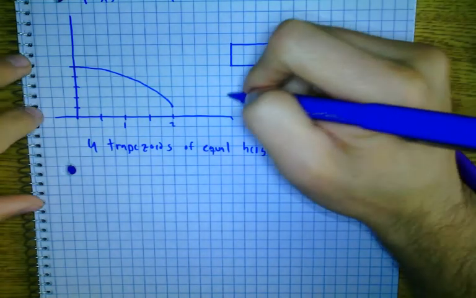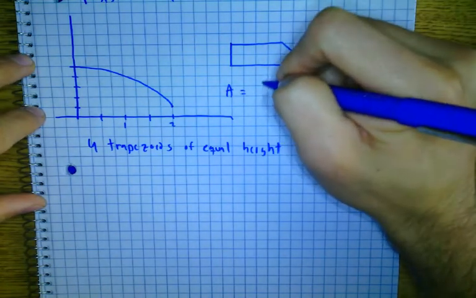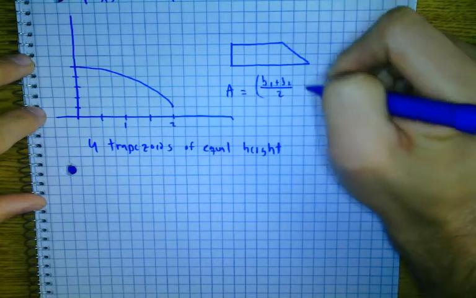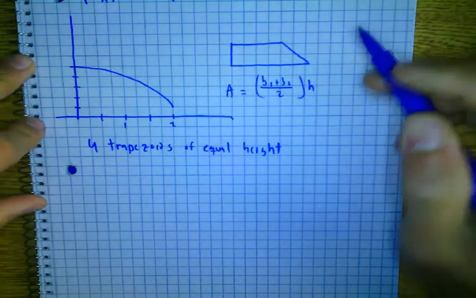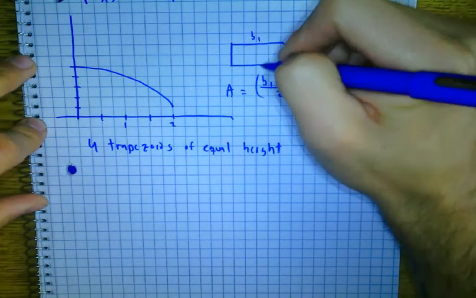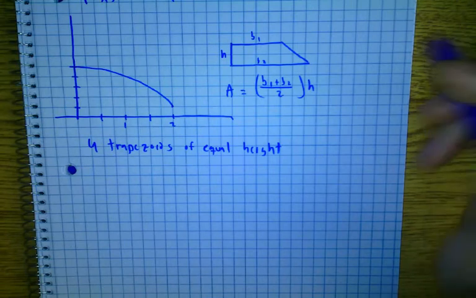Do you remember how to find the area of a trapezoid? Base 1 plus base 2 divided by 2 times your height. So if you look at this trapezoid, what is going to be representing the height? What connects in this case the bases? And the bases are parallel to each other. So this is, let's say, base 1, that's base 2, and that's your h. You guys with me? Okay.